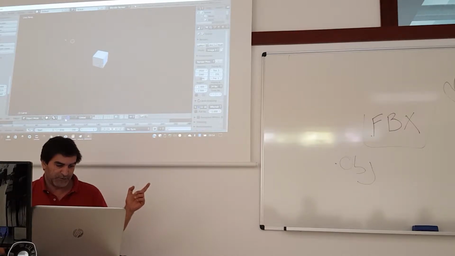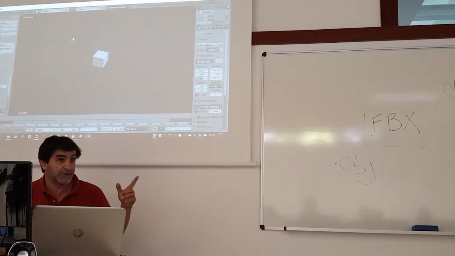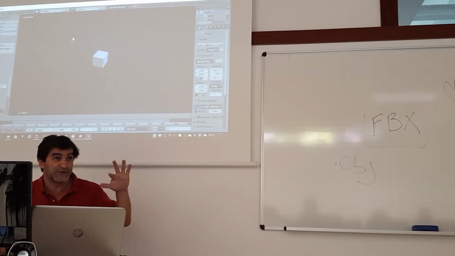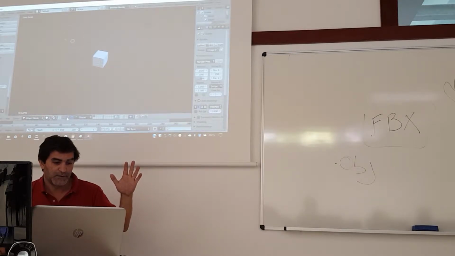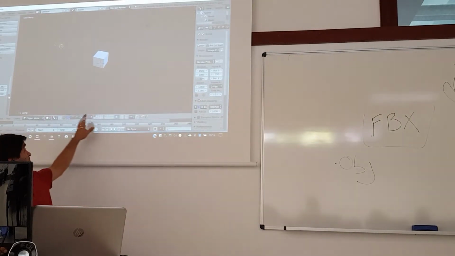At the bottom you have pivot, and you have move, rotate, and every color is an axis, the X, Y, and Z coordinates, okay? This is Y, this is Z, at the bottom.